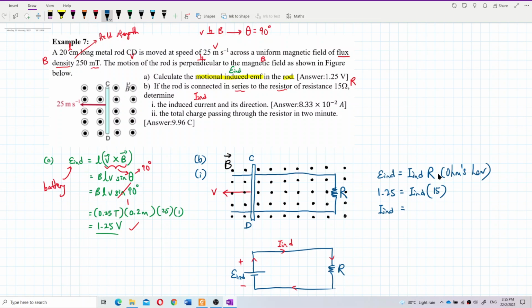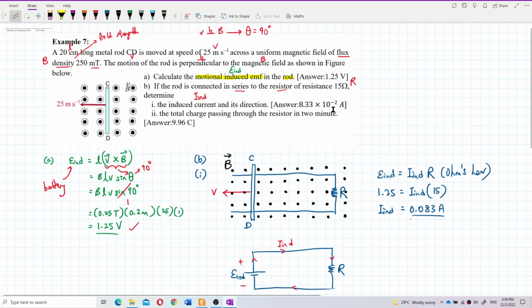So 1.25 divided by 15 ohm, I get 0.083 ampere. So that's the induced current. Am I right? Yes, that's correct.